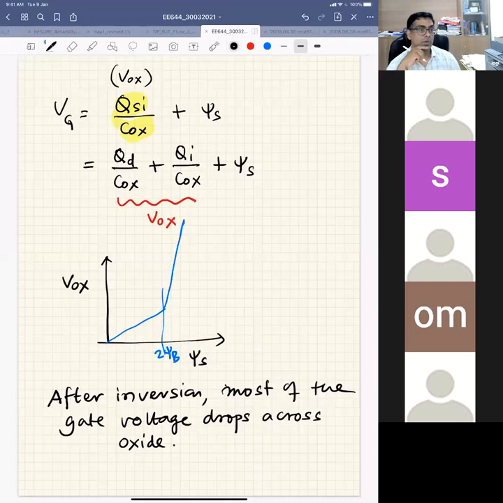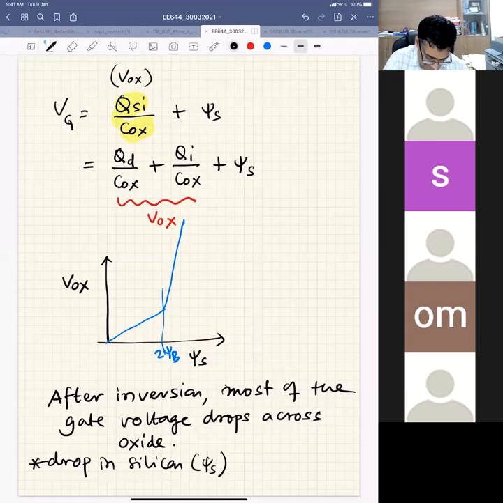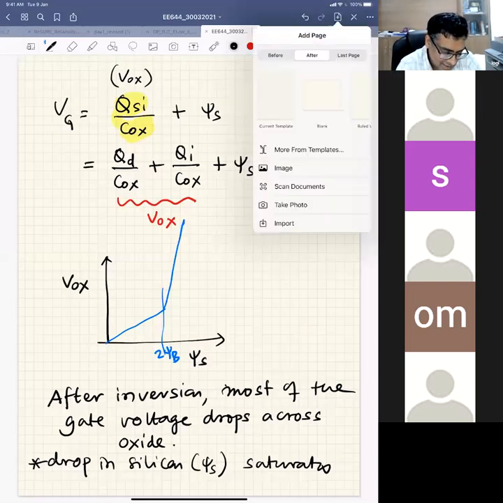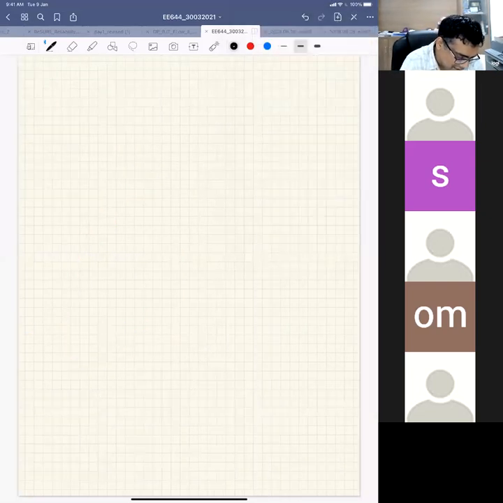And the drop in the silicon, which is your psi_s, saturates, because for applying any gate voltage there is a lot of increase in charge. So most of the gate voltage drops across your oxide, and there is less voltage drop in the silicon. I will discuss this later also.